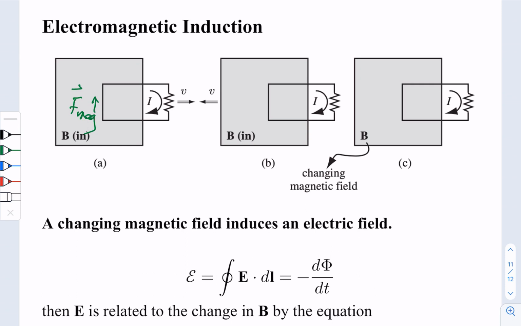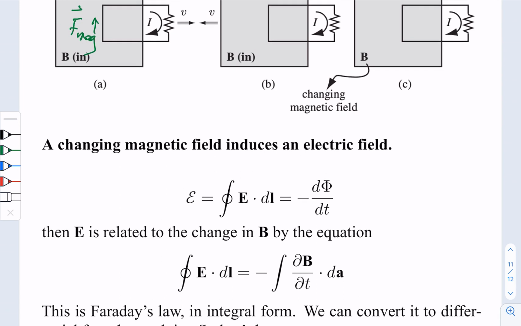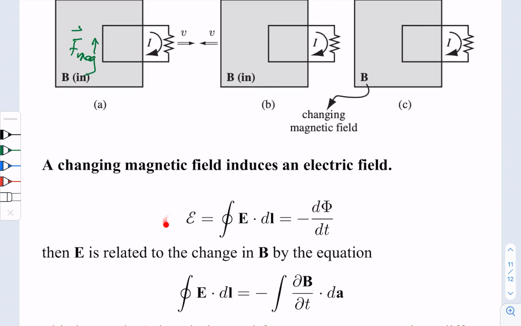And what we can do in the third type of experiment is, even when we keep the loop holding still and only change the magnetic field strength, this will also change the flux, and we expect that there is an induced current. So this case is very different from the previous case, with a different mechanism, but the total result can still be explained by the same expression.